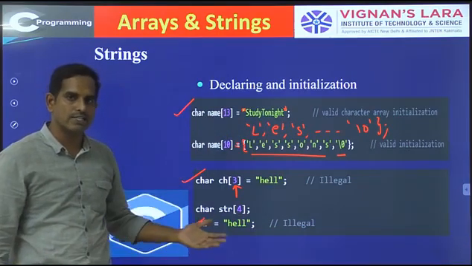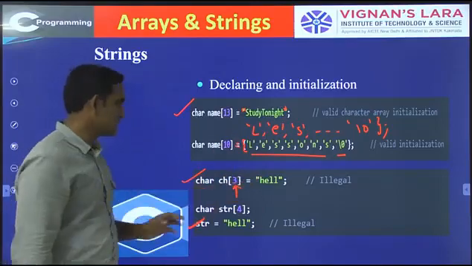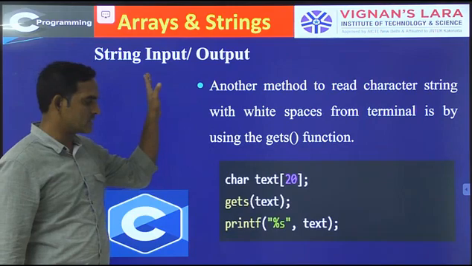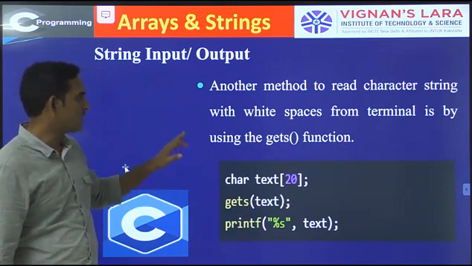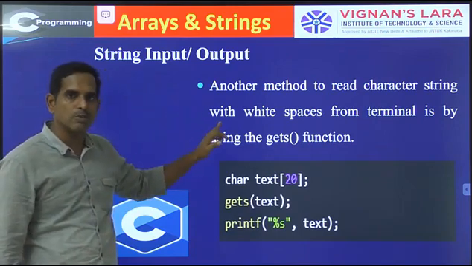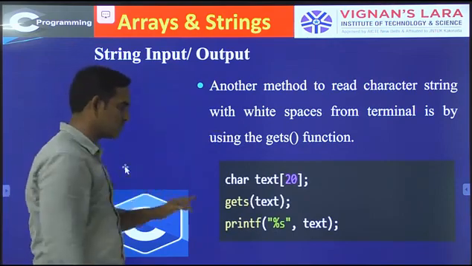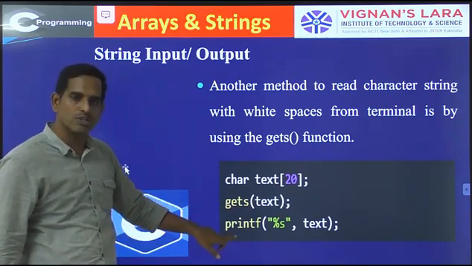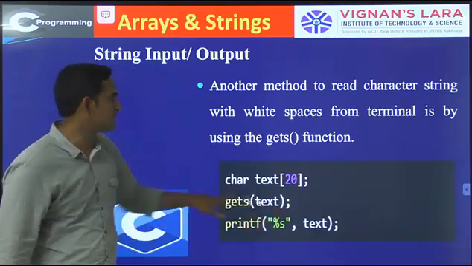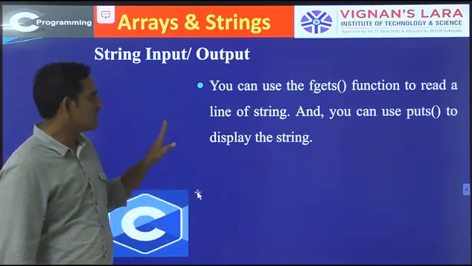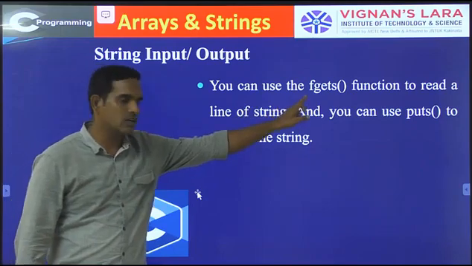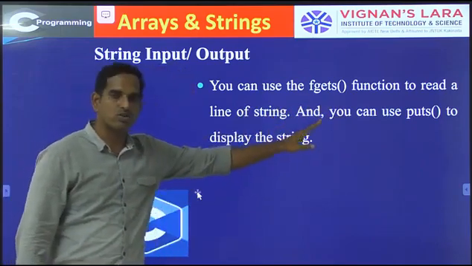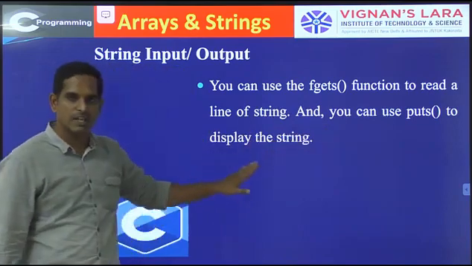If I want to initialize them later, I have to use string input and output, which I explained in the last session. You can input your string or line of text by using the gets function, and you can output your string by using the printf function. You can also use the fgets function to read a line of text, and the puts function to display the string.